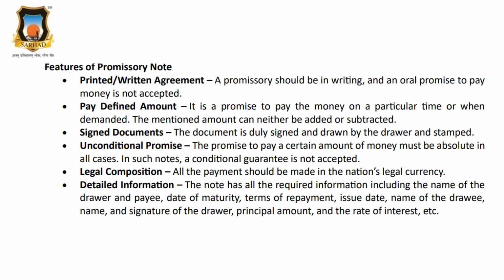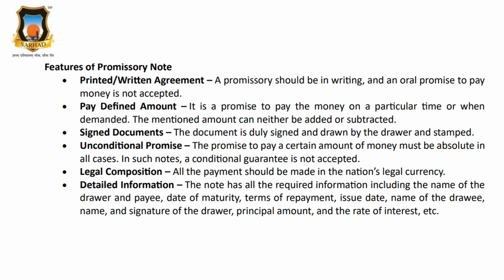If someone is going to give you money, the amount must be defined. We cannot say orally that I'm going to give you 10,000 rupees, and now I'm going to give you 5,000 rupees. It must be defined first. The fixed amount mentioned in a promissory note is given weightage.